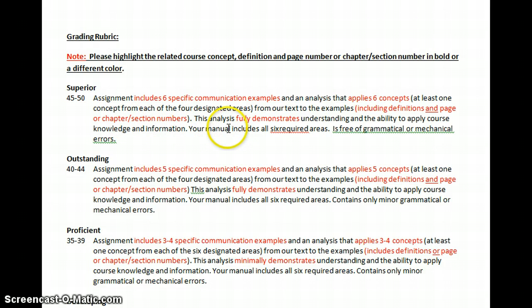And this is the piece that's really important: I'm looking for an analysis that fully demonstrates your understanding and the ability to apply course knowledge and information. So make sure that you demonstrate not only that you're able to apply the related text concepts, but that you truly do understand them.